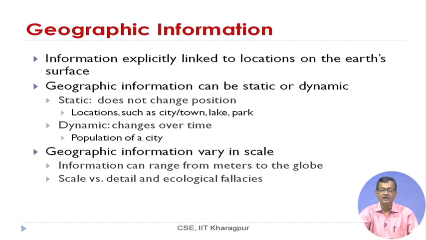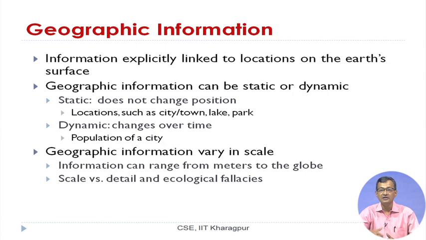There can be dynamic information, like traffic movement or the population of a particular city, which varies over time, right. There is a lot of influx during daytime, and people are going out during night time and so on. If I look at this particular building where we are sitting now, it is static, or we can say pseudo static; it is not changing day in day out.